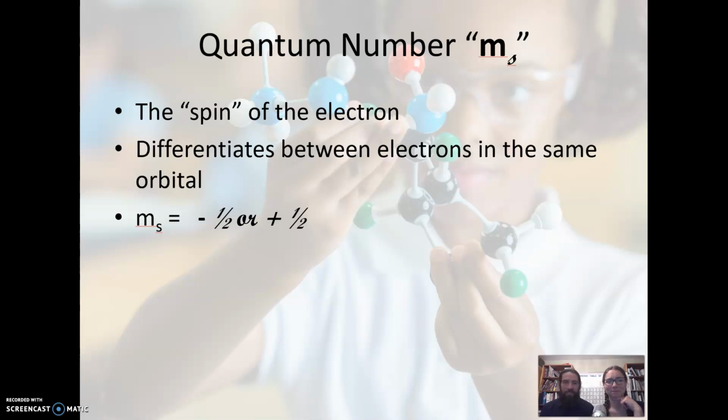That's the value that goes into the address for m sub s, and it depends on where the north pole is in that magnetic field. So the first 3 numbers define the orbital, and since 2 electrons can be in each orbital, the m sub s tells us which electron it is.